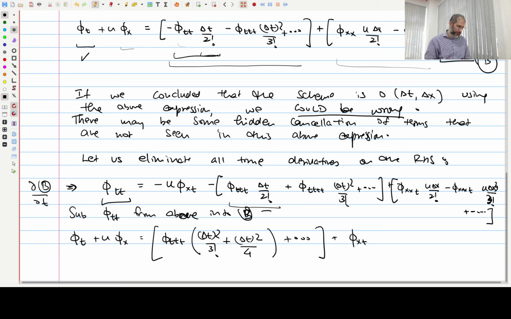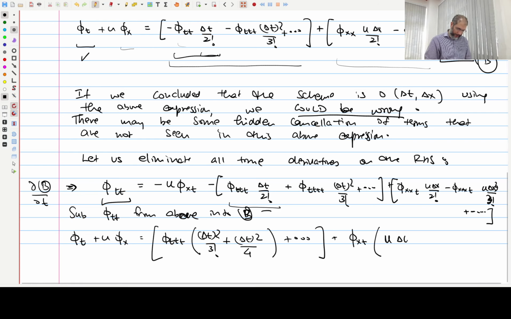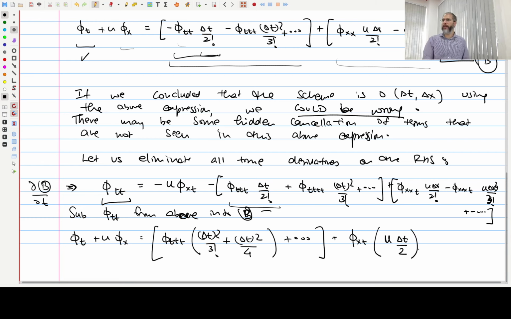So a minus minus becomes plus, so we have a plus u delta t by 2 factorial. So that's the only coefficient of phi xt that we have here.